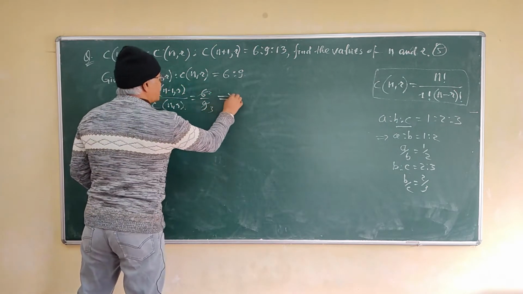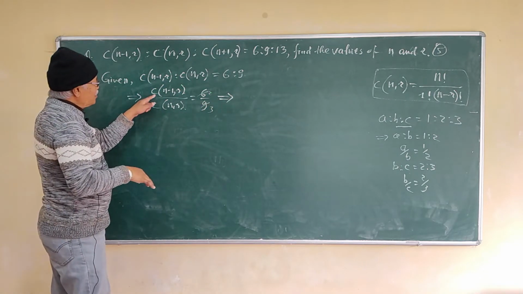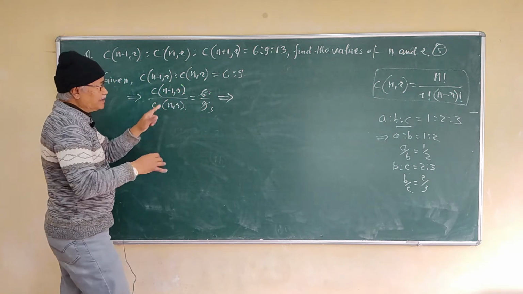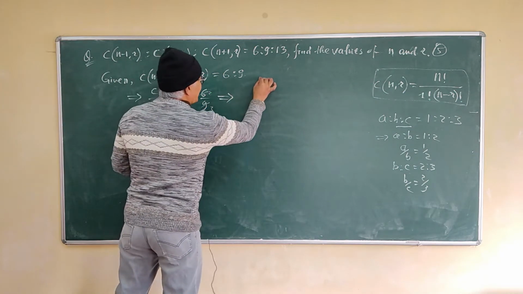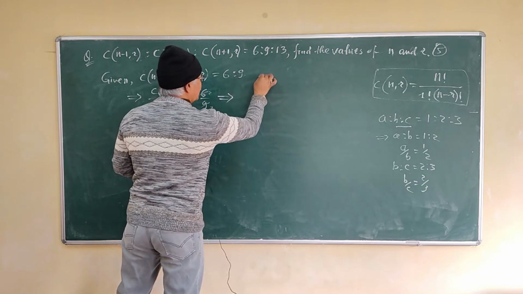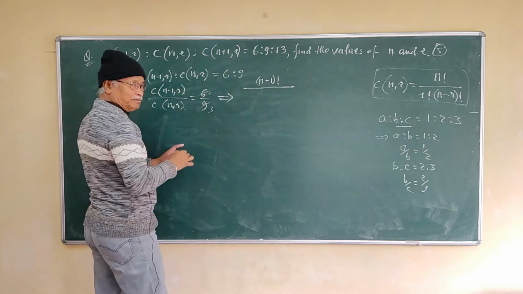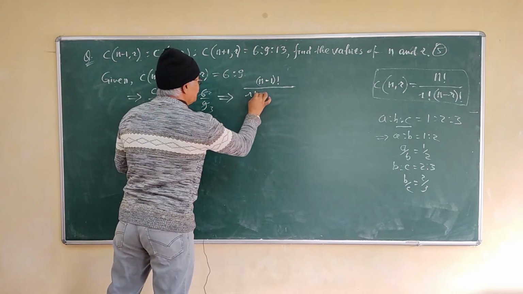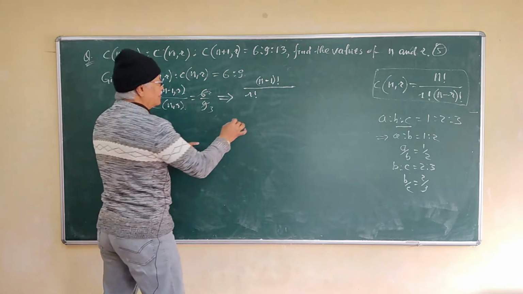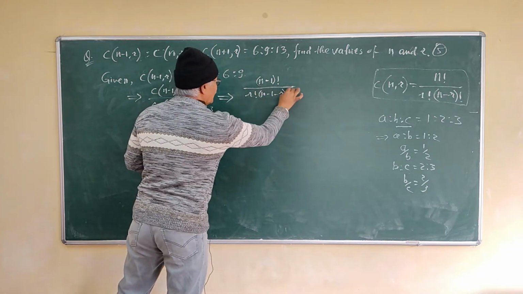Now let us try to continue here in the same line. So C(n-1, r) can be written as what? You will write (n minus 1) factorial upon r factorial, then (n minus 1 minus r) factorial.